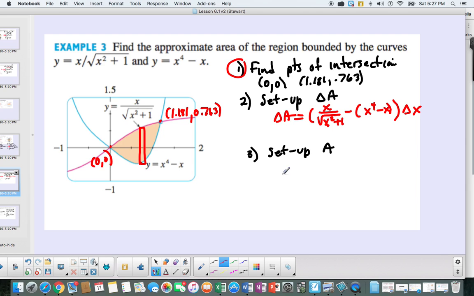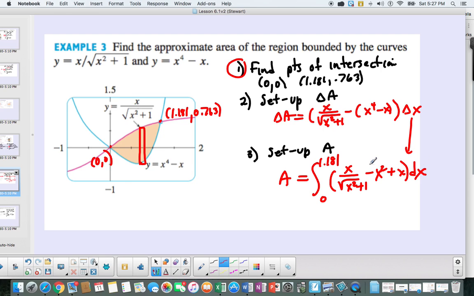And you don't have to go through the summation process. You can actually go right to the integral if you wish. And we're going to go from 0 to 1.181. And we can go ahead and write the representation. If you want to distribute at this point, just make sure you have accuracy. And again, this changes to dx once you've taken the limit.